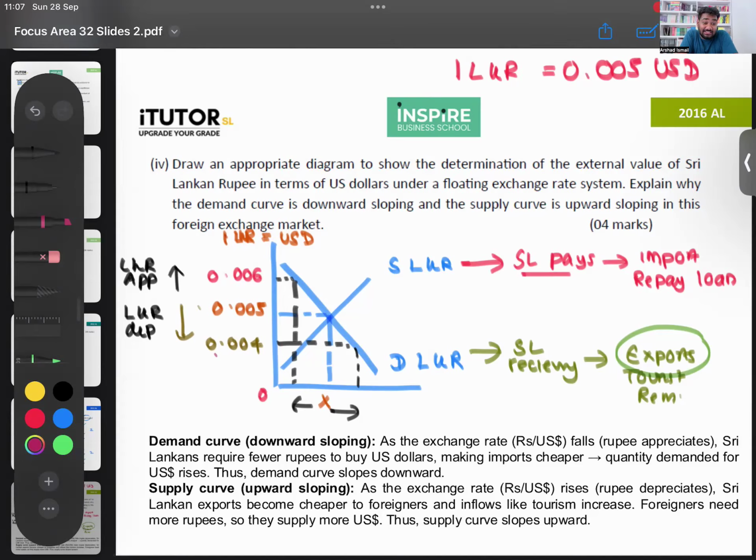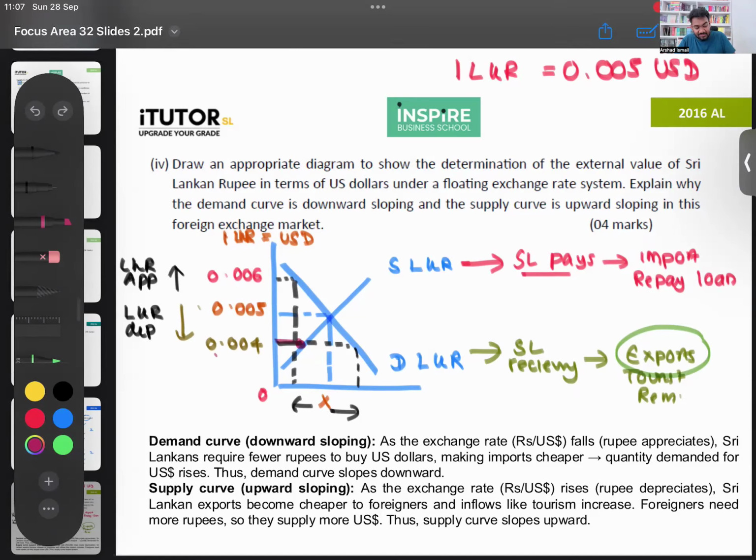Are imports expensive or cheap? Imports to Sri Lanka are expensive. Then will we buy a lot of imports if they are expensive? No, right?